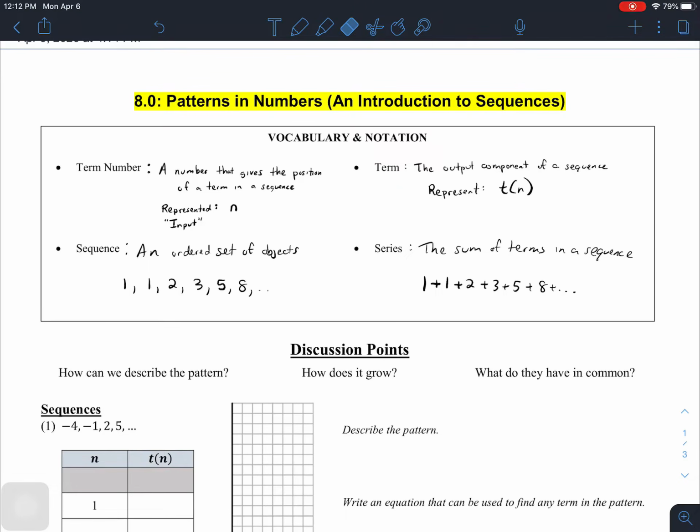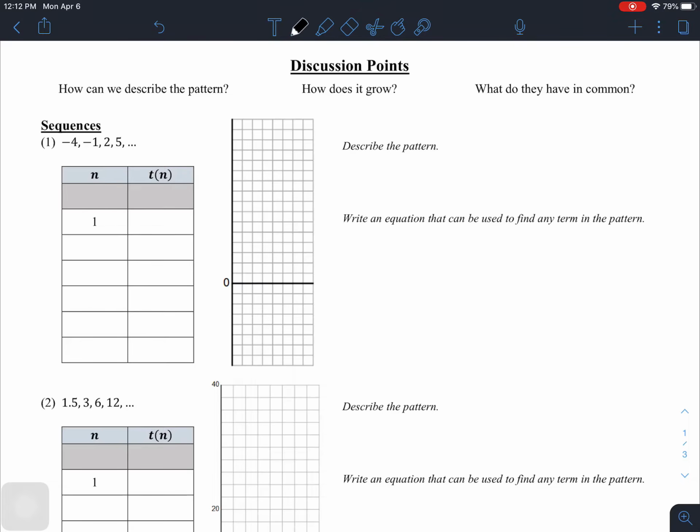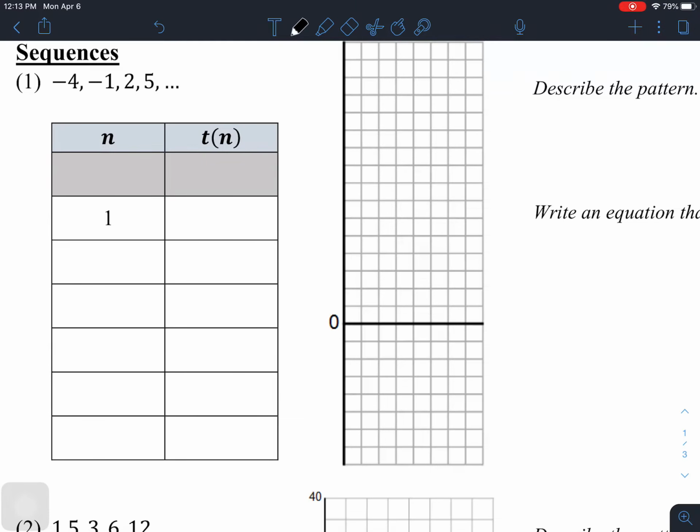So as we go through this introduction, we want to look at what patterns we're going to see, how we can describe them, what they have in common, and how the sequence grows. So in the first sequence we're given, remember, n is your input, it's your position. T of n is your output, it's the value.